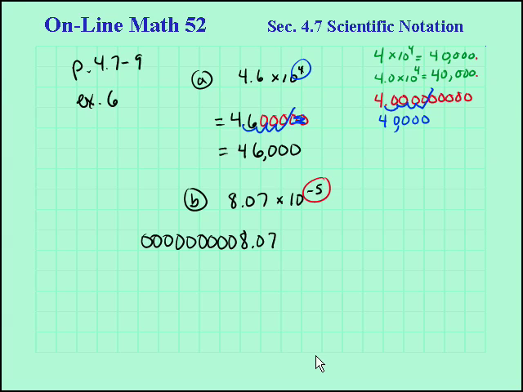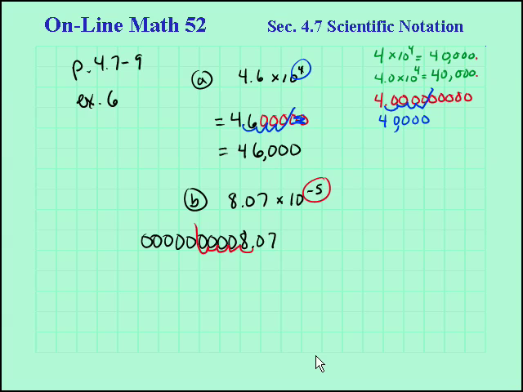We have to move it 5 places, and we have to do it in a way that creates a small number because of the negative. So I'm going to have to move it back this way 5 places. Let's see what we get when we move it back 5 places: 1, 2, 3, 4, 5.